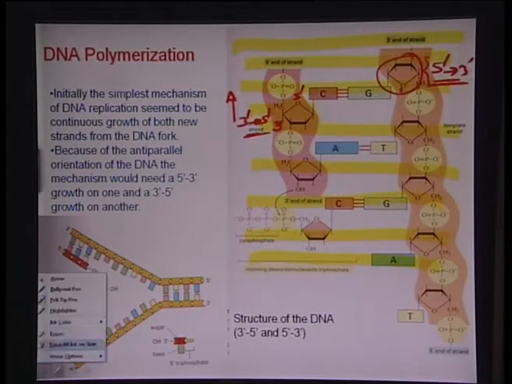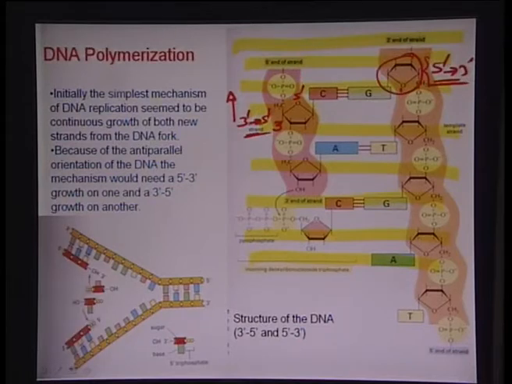So initially the simplest mechanism of DNA replication seemed to be continuous growth of both strands, or daughter strands, from the DNA fork.